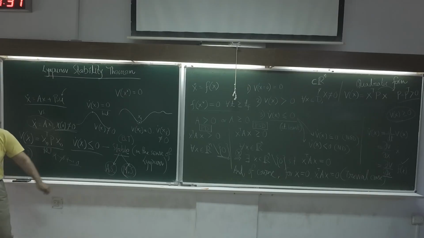But do you agree that asymptotic stability will also be a subset of this? It must be, right? But where is the fallacy? What is the connecting point? Negative definite is a subset under negative semi-definite. That is the reason.